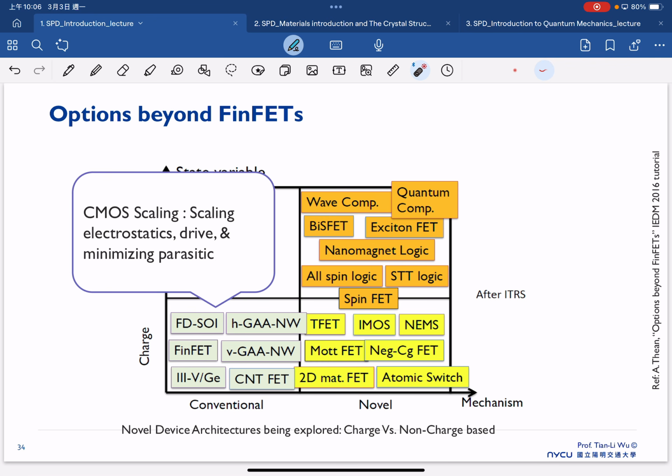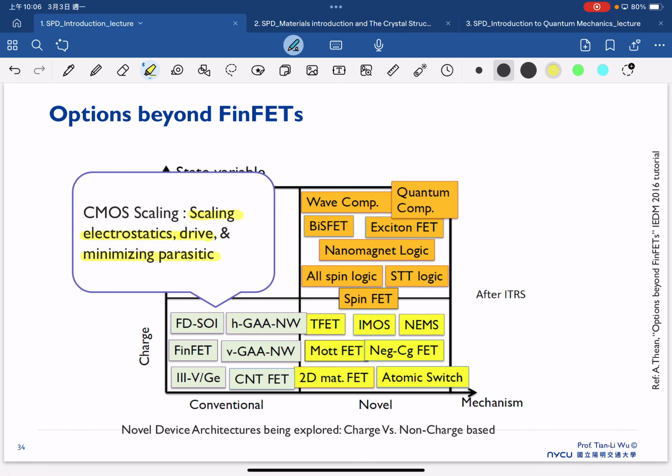The first one is CMOS scaling technology. This means we consider the scaling, electrostatics, and keeping a higher current drive, and then we try to minimize the parasitics here.